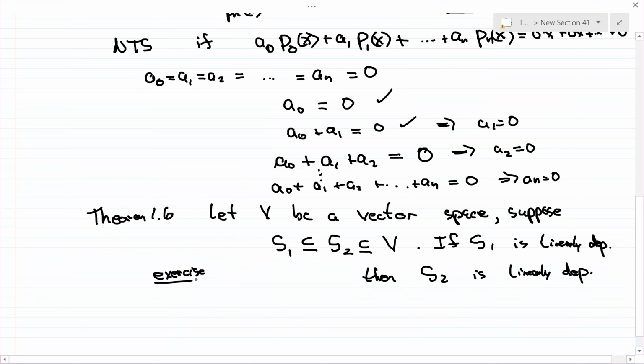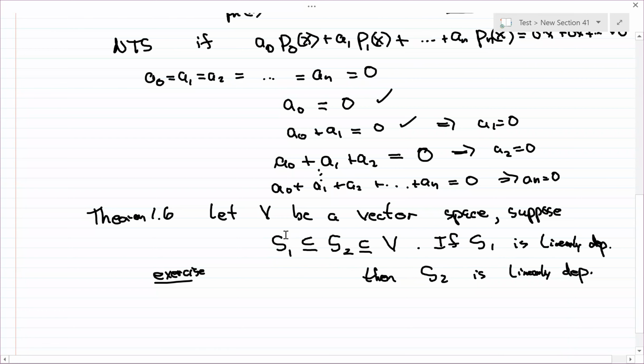The book doesn't even go through the proof because it's somewhat easy. And I'll let you worry about it as well. I can't resist at least giving the idea. So the idea is what? If this set is dependent, that means there's a non-zero solution to the linear combination, which means you can solve for one vector as a linear combination of the others.